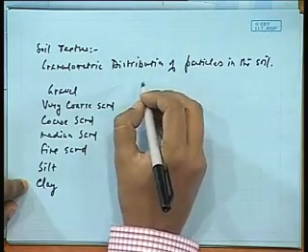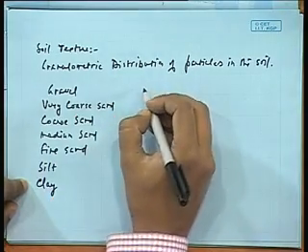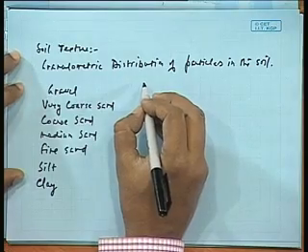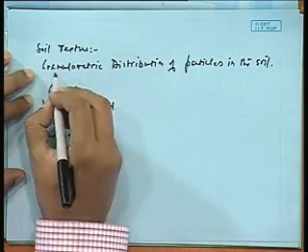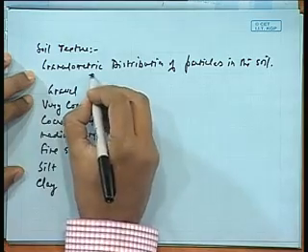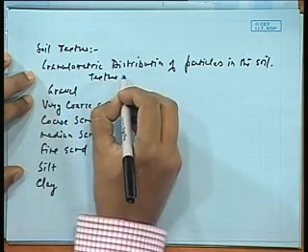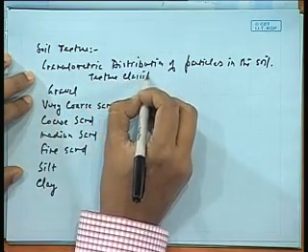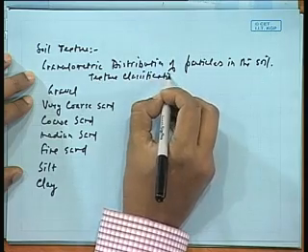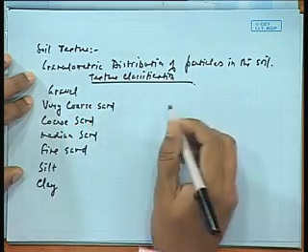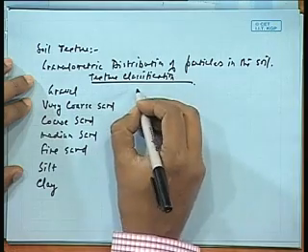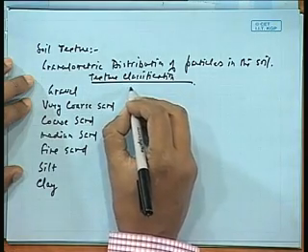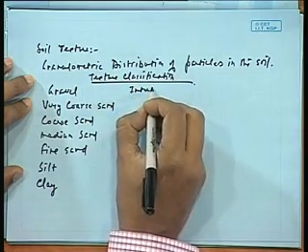There are two systems by which it can be classified. This is the texture classification. This is basically the British system, or internationally accepted system.